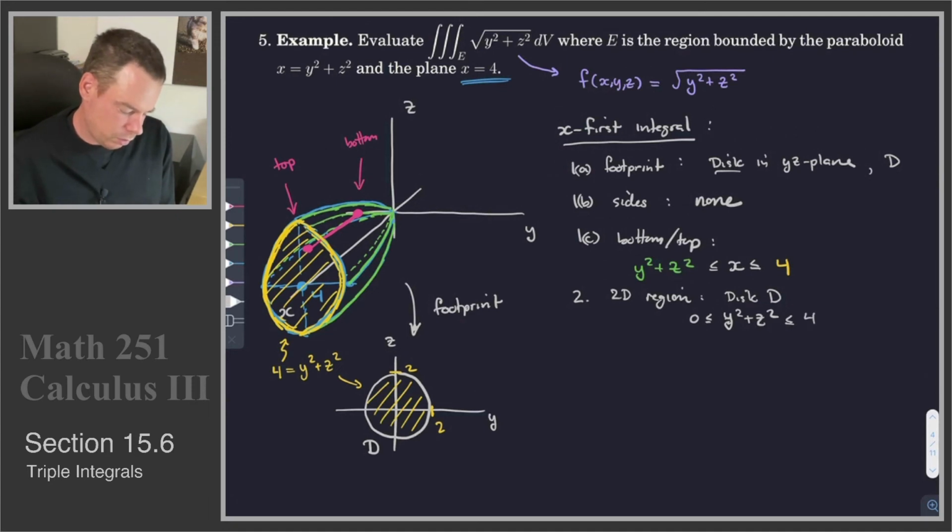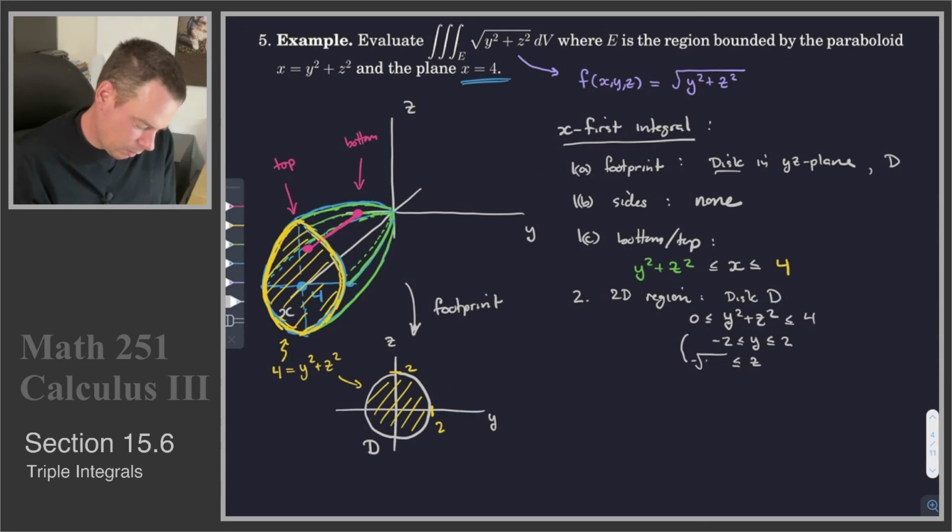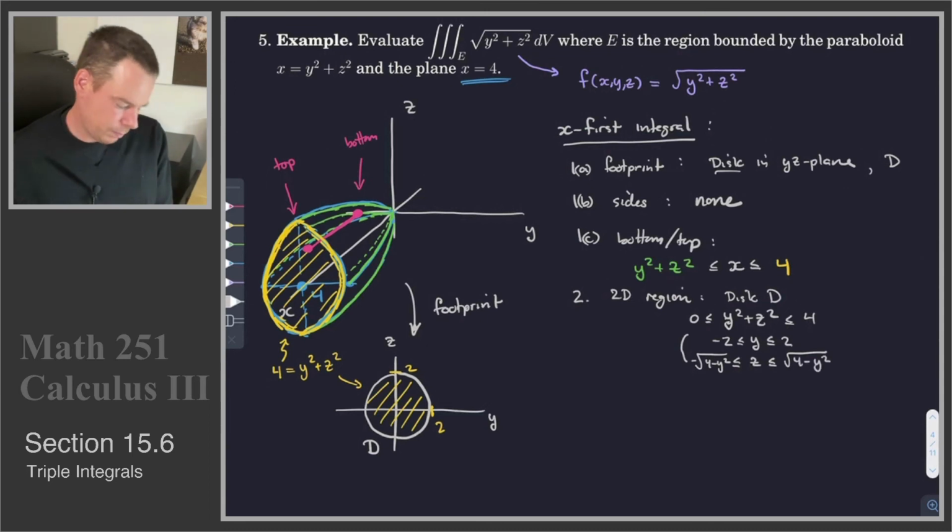And so there's our circular disk. We could describe it as the set of all y values between -2 and 2, and the z values between negative square root of 4 minus y squared and the square root of 4 minus y squared. So that's just the lower semicircle and the upper semicircle. That's one way we could describe it as well.